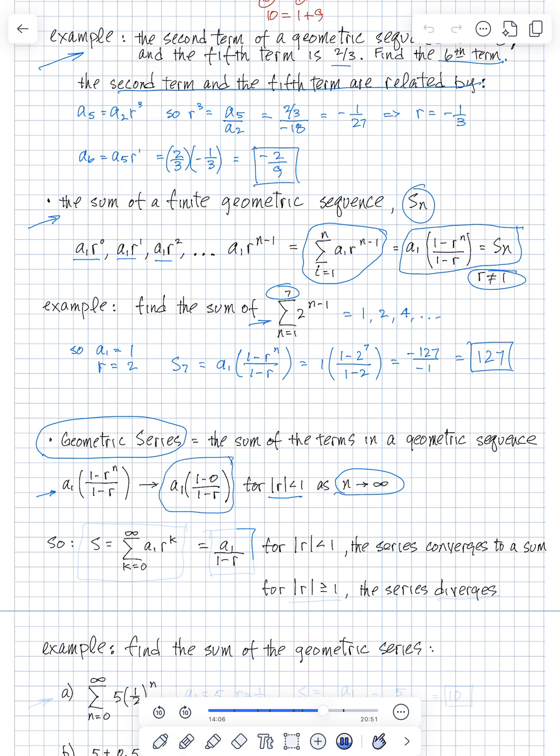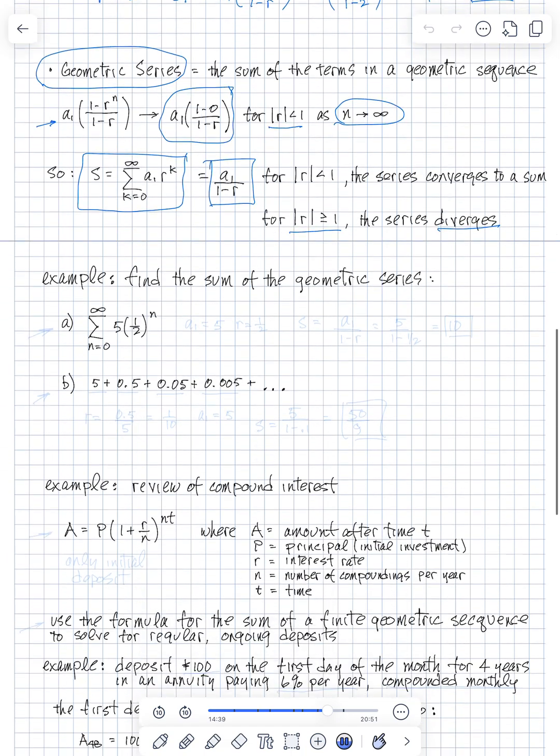And so we can say the sum is equal to A1 over 1 minus r. The series will converge to a sum if the absolute value of r is less than 1. If the absolute value of r is greater than or equal to 1, then we know that the series just diverges. So let's look at some examples finding the sum of a geometric series.